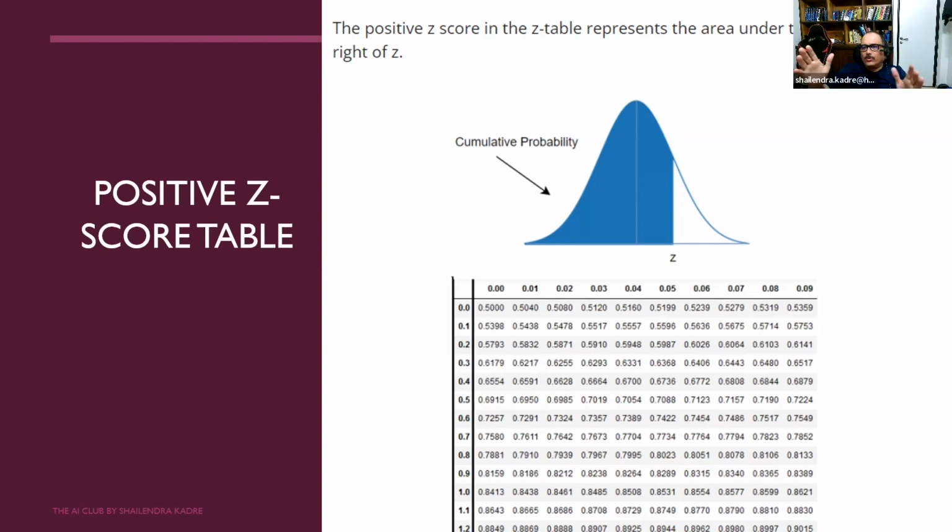Suppose I have taken 50 adult people at random. I went to the city market, picked up 50 people, and measured their height. Suppose their height varies between 150 centimeters and 175 centimeters, the minimum height I get is 150 and the maximum is 175.